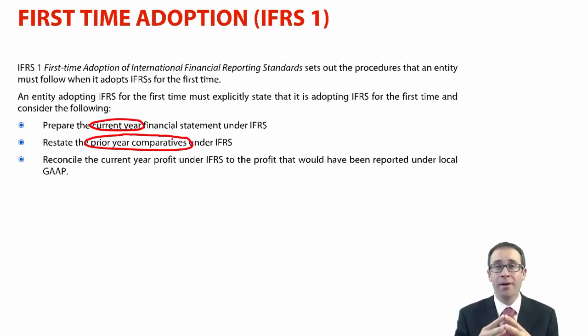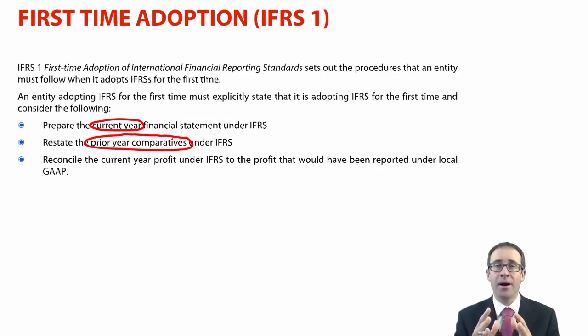So it's a really complex, long-winded, technical challenge. It will take a lot to do, but thankfully you only have to do it once, because once you've got everything under IFRS, you then just carry on under IFRSs in the following year.